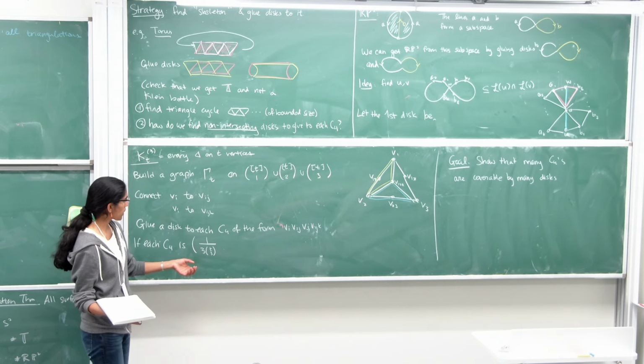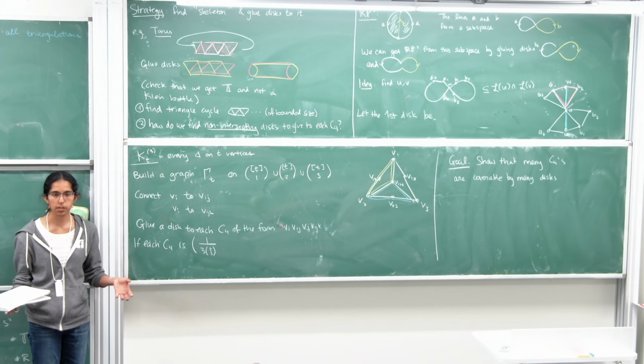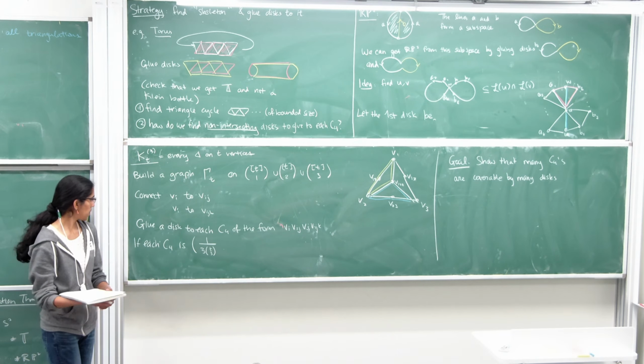So let's just divide the vertex set into 3 t choose 3 different parts.